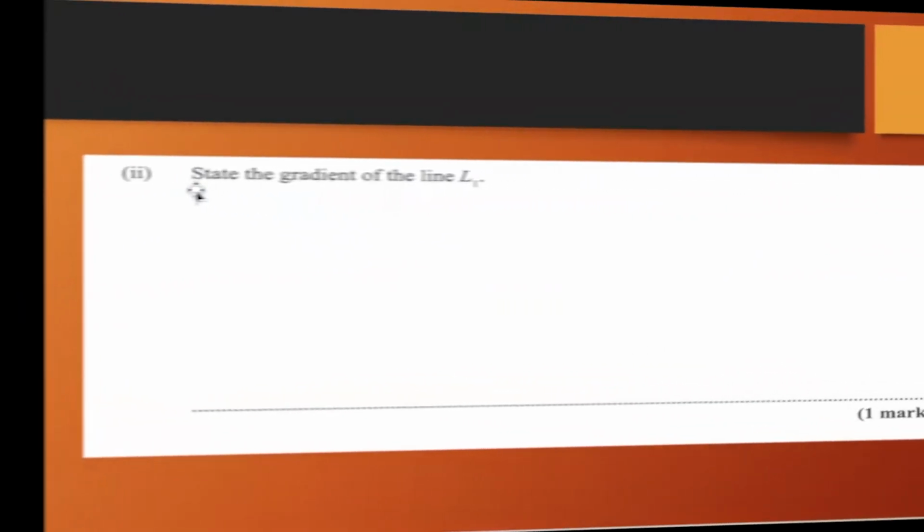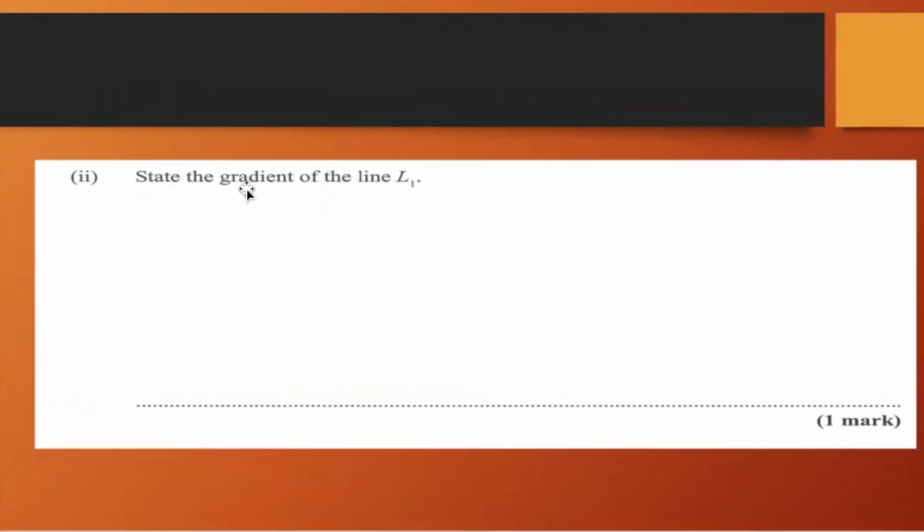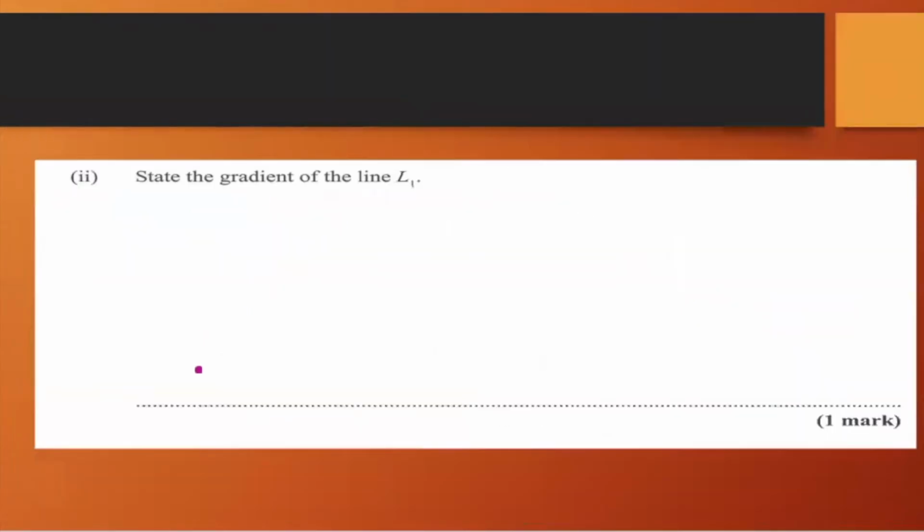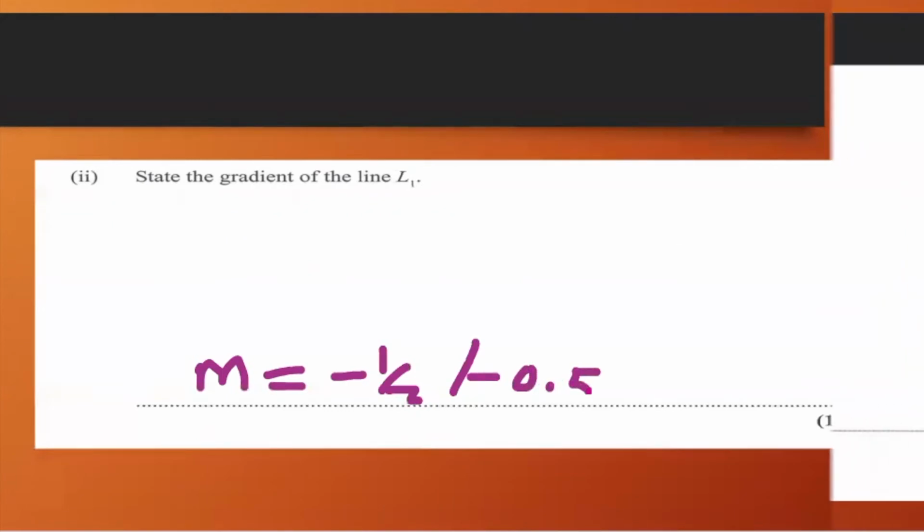So we already identified the gradient. State the gradient of L1. Looking at this, the gradient is the number that's in front of x. So gradient is equal to negative a half, or some persons will say negative 0.5.